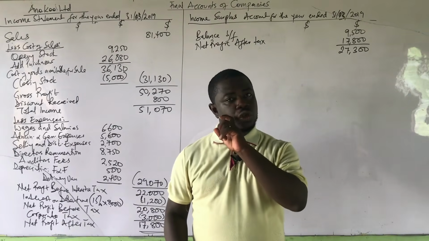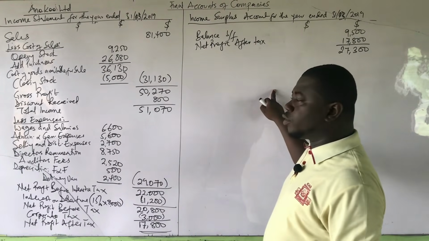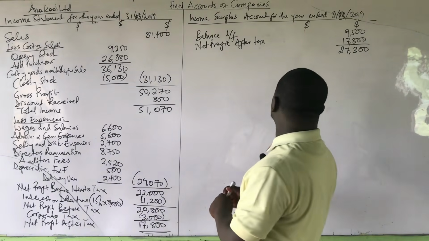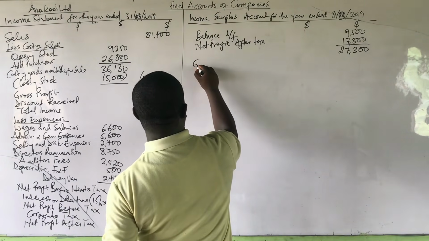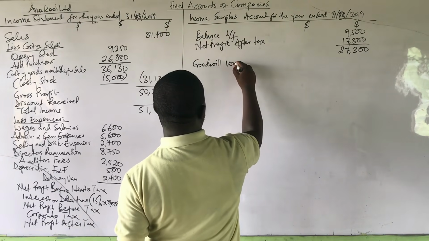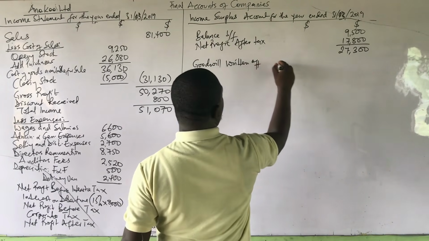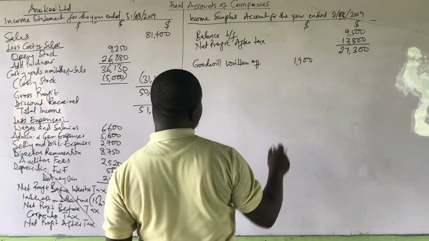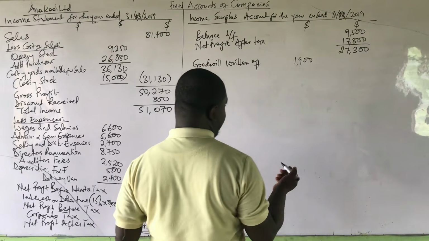And the account that is used to write off goodwill is the income surplus account. Don't make a mistake and bring that as an expense, I beg you. So we'll take out the goodwill written off. So we start with appropriations. Goodwill written off, $1,900. I can put that in brackets anyway.